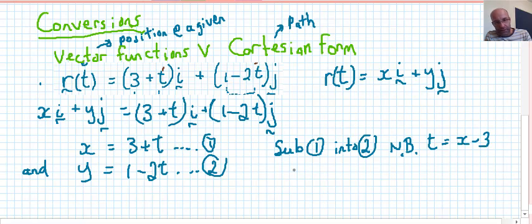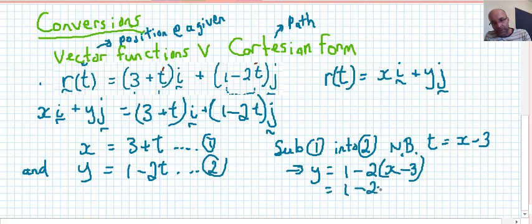So subbing it now into equation 2, we have y equals 1 minus 2t, but t equals x minus 3, so we sub in x minus 3. It's 1 minus 2x plus 6, which we could write as y equals negative 2x plus 7.